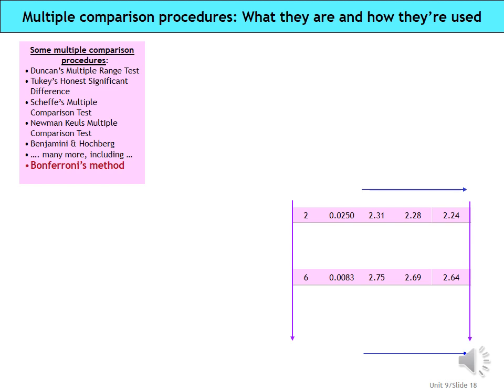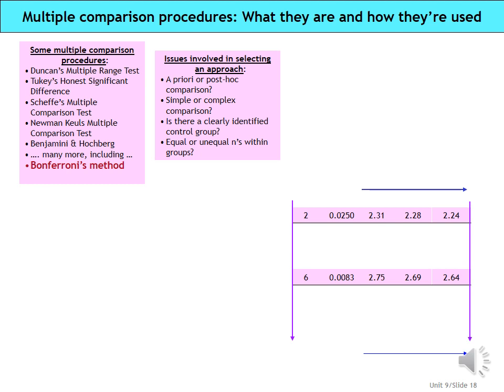You may remember the names from ANOVA post hoc. In the background they are doing those kinds of corrections. Another is the Newman-Keuls multiple comparison test, Benjamini, and as you see, these are people's names who produced these correction factors.